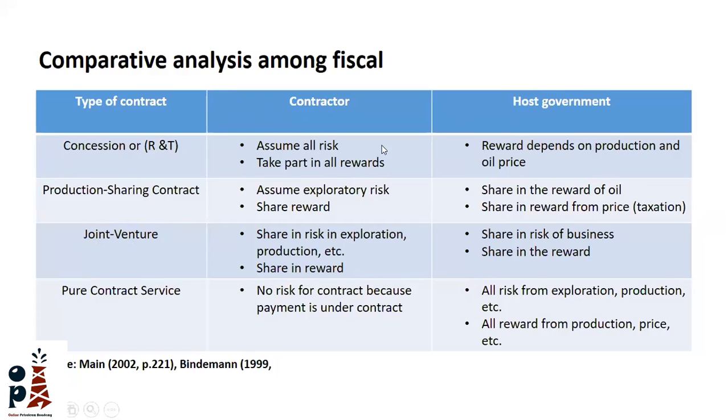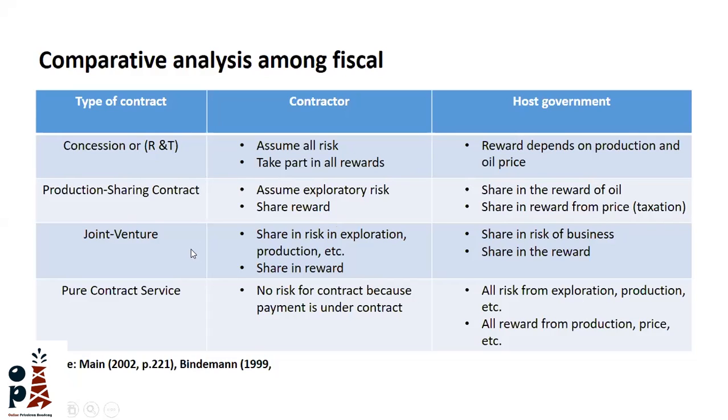In the second contract, the production share contract, the contractor assumes exploratory risk, and we have, as we see, what is called cost recovery and oil split. The host government has no risk in exploration, so they have oil split and taxation from the contractor.